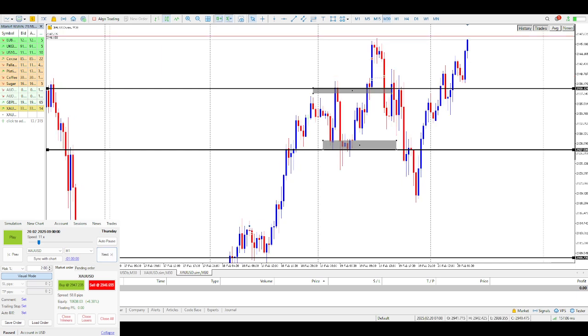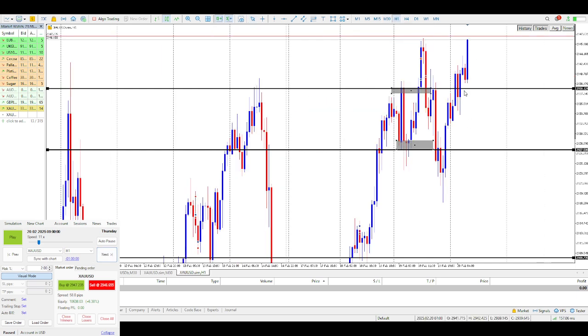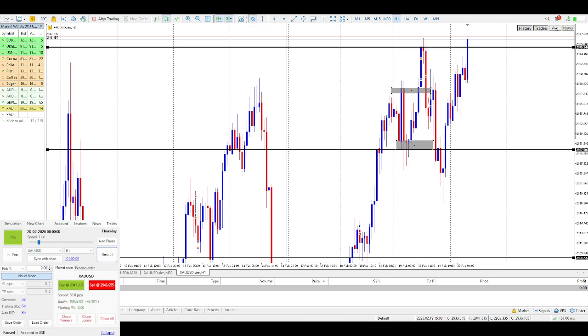2 hours before the London Open, price was in a massive bullish trend. You can see this resistance where price closed above.